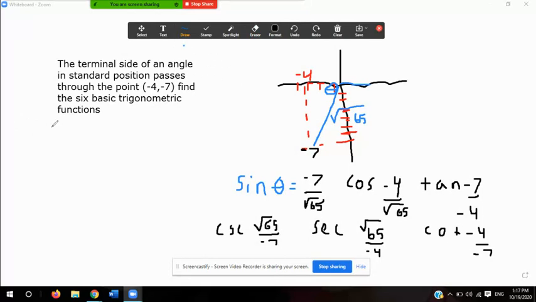So the sine of Z is -7 over the square root of 65. And you're simply going to multiply by the square root of 65.